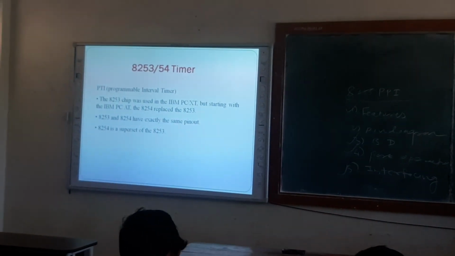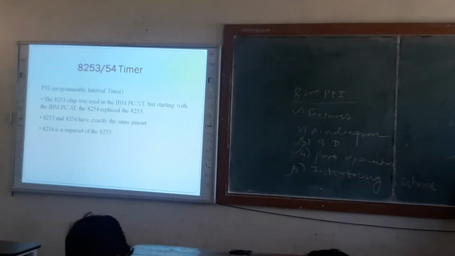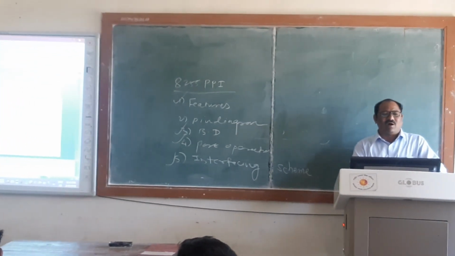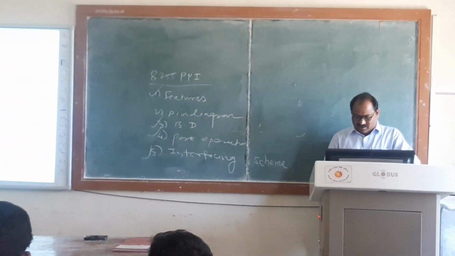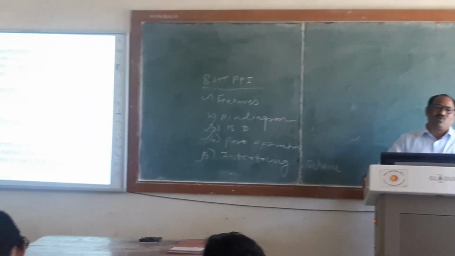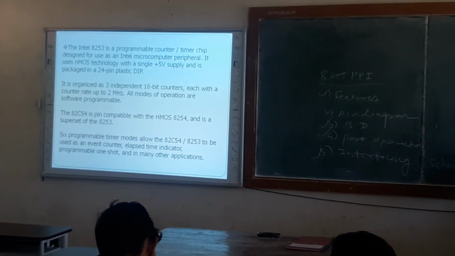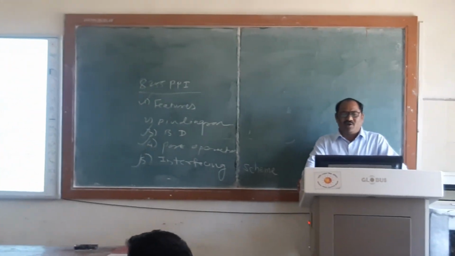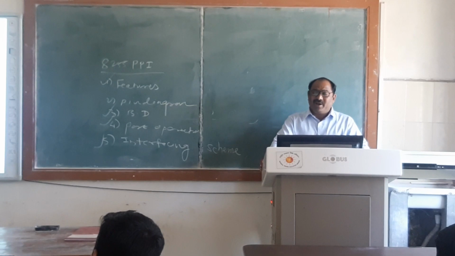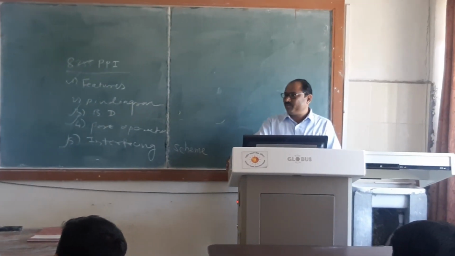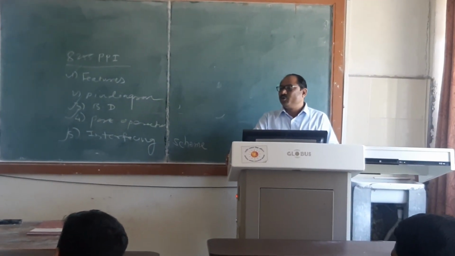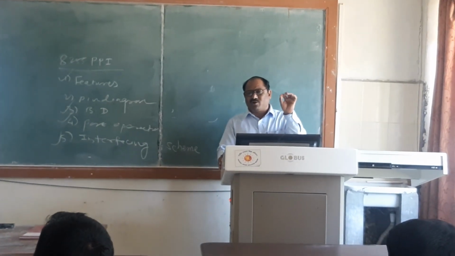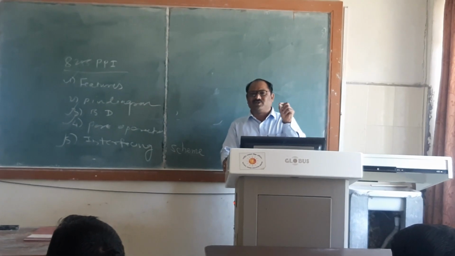The next thing is related to the operating frequency. The operating frequency of the 8253 is 0 to 2.6 megahertz. On the other side, the operating frequency of the 8254 is 0 to 10 megahertz. Just see the frequency difference. If you use the 8253 timer, you have to provide a clock from 0 to 2.6 megahertz.